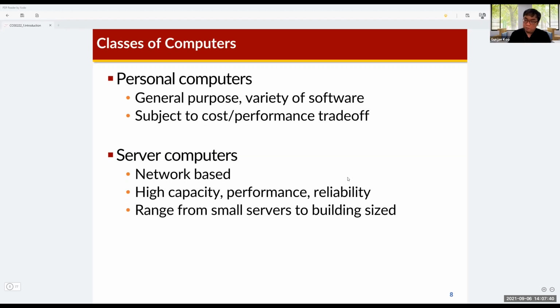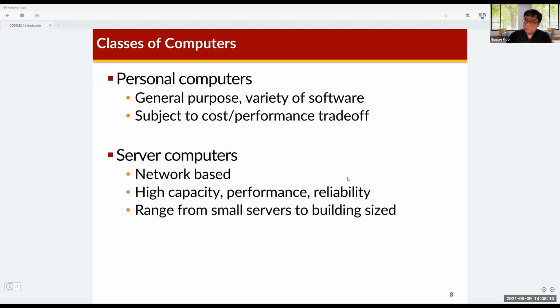But how about the server computer system? For the server or cloud infrastructure, a large number of users connect to the cloud computer systems or server computer system, and they run their own software or applications. That means the server computer requires very high performance.